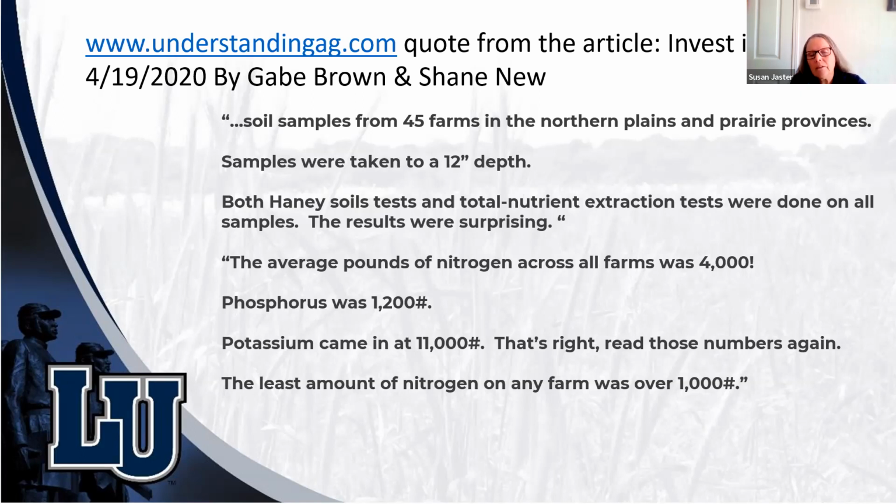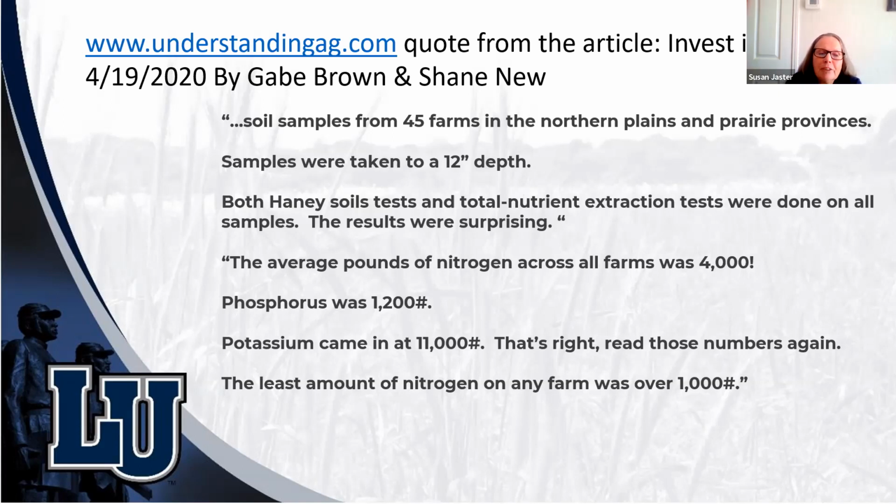So that's kind of getting down below our root zone for most shallow rooted plants. So that's pretty normal for like vegetables and basically our field crops. And so they did both a Haney soil test and a total nutrient extract test. And they did that on all the samples.